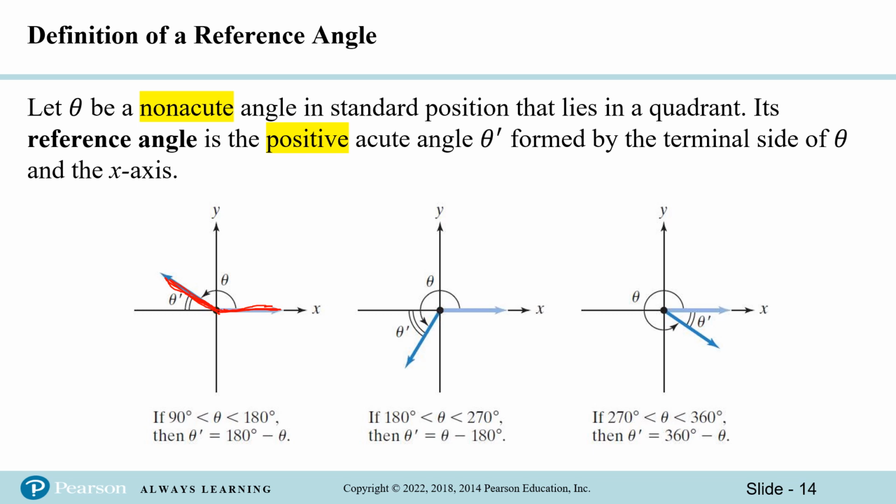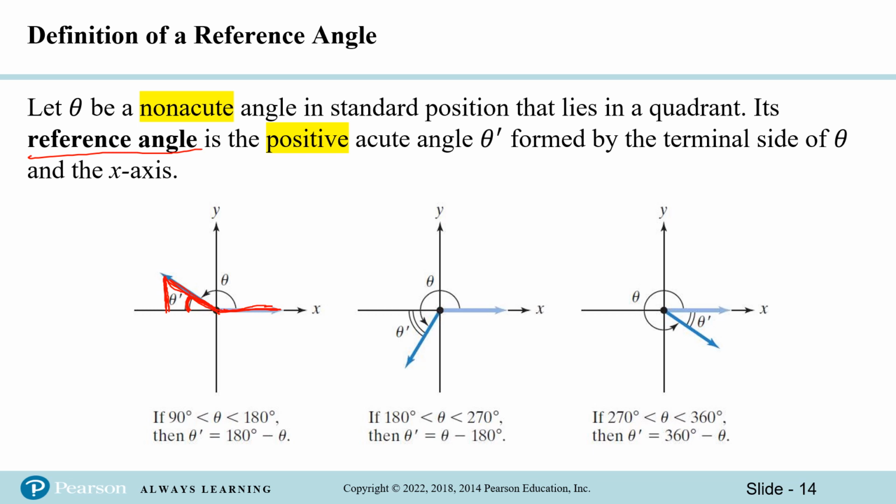You can't just make a right triangle with what we have right now. So what we do is we make a right triangle with the x-axis. So we go down to the x-axis, and then we look at this angle right here. This is called the complement, and we usually refer to it as the reference angle.